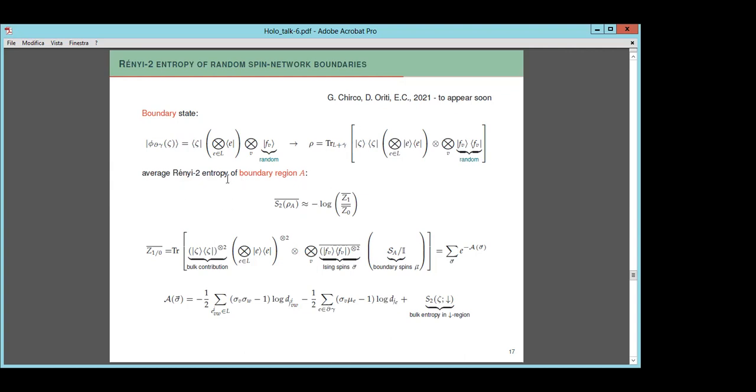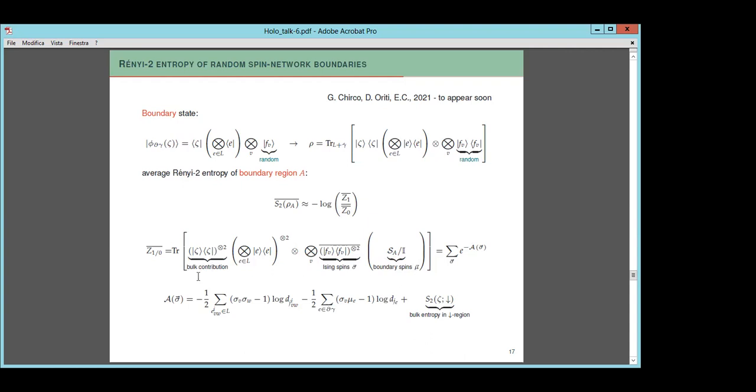So now we want to compute the entropy of a certain region of the boundary to see the effects of the bulk correlation on it. Again, the entropy calculation can be mapped to the evaluation of a partition function for an Ising model. The difference is that now the swapping operator only refers to the boundary, so there are no pinning fields for the bulk degrees of freedom, but just for the boundary ones.